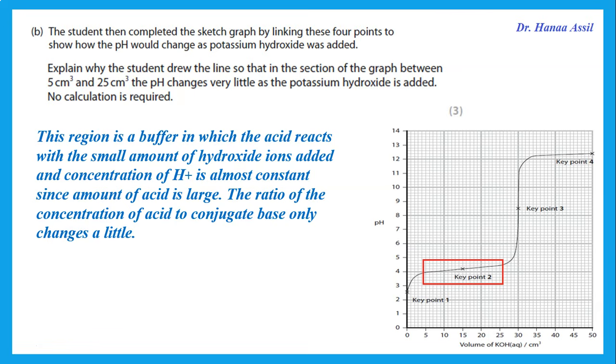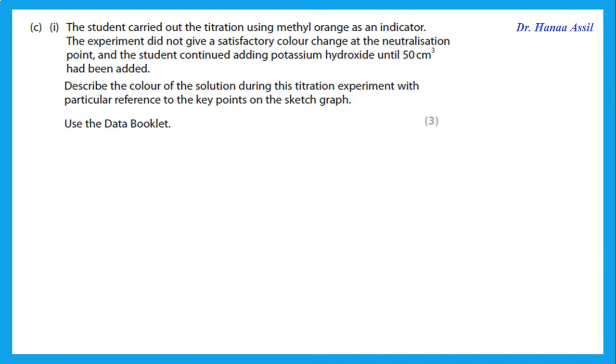The solution is acting as a buffer because we have a lot of H plus ions, so as I add the OH minus, the ratio of the concentration of acid to conjugate base will change only very little.